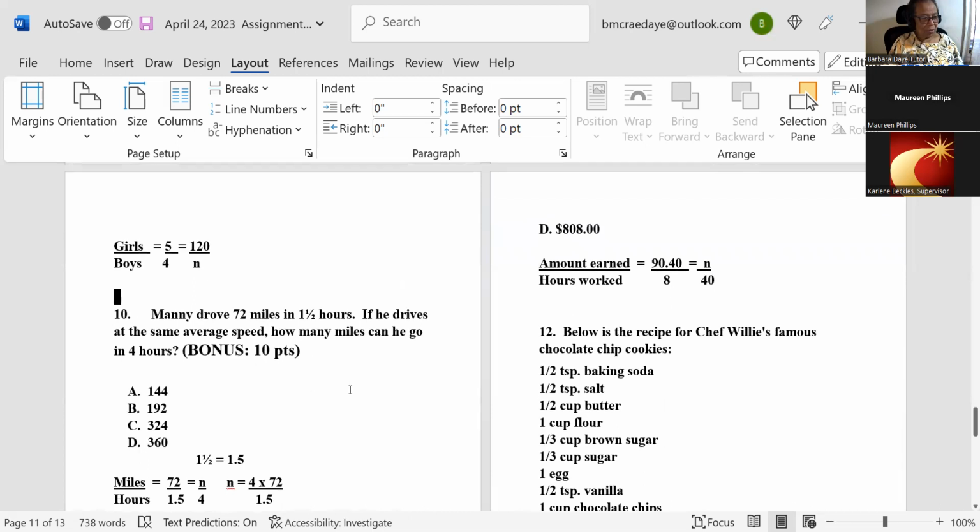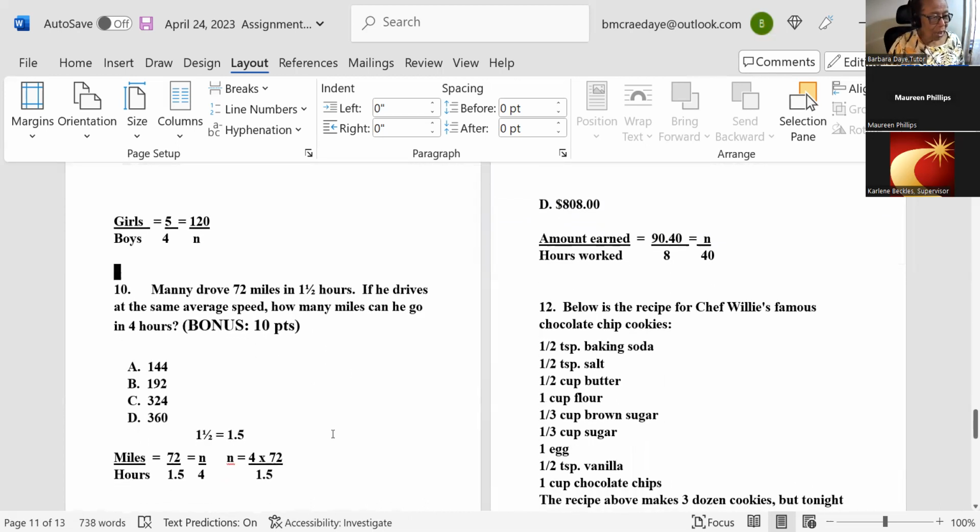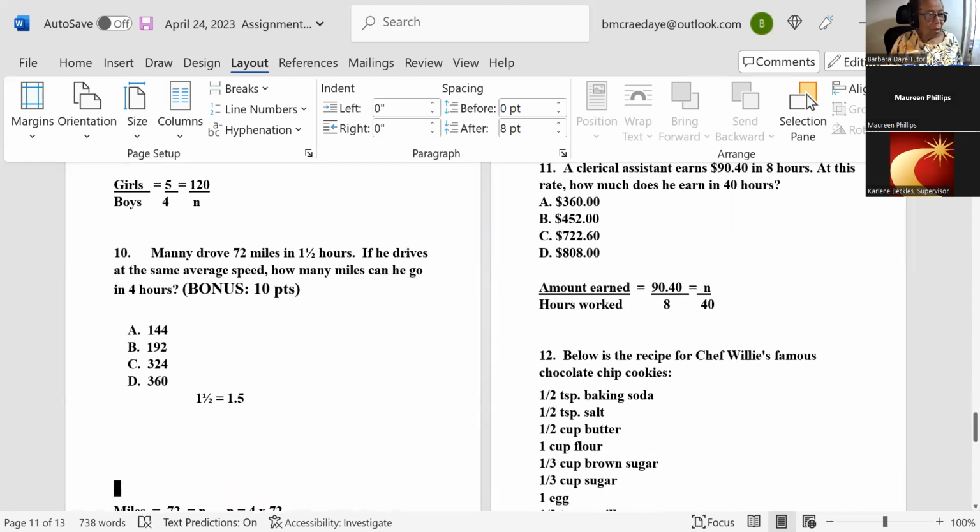So Manny drove 72 miles in 1.5 hours. So what are we looking for, Maureen? We drove 72 miles in 1.5 hours, right? Okay. So what are we looking for?